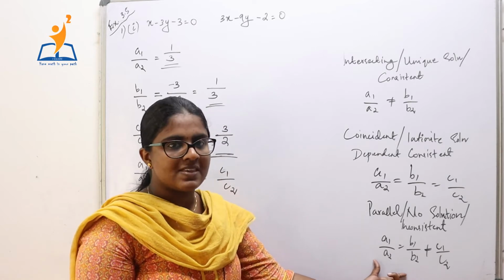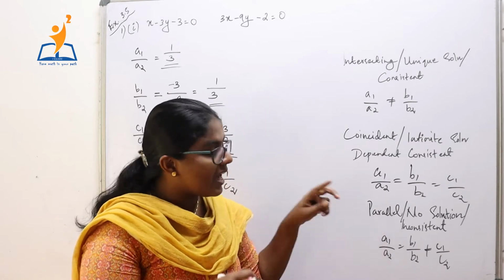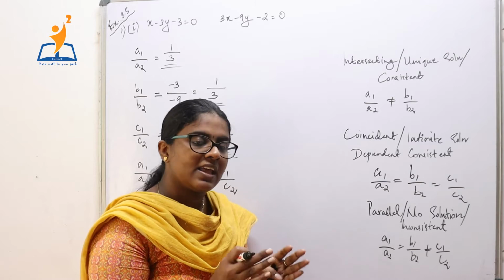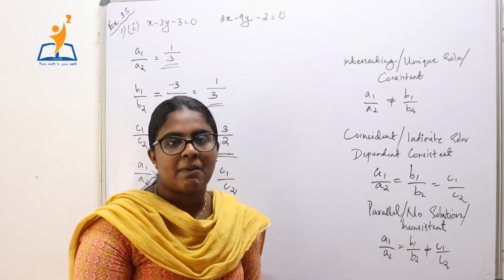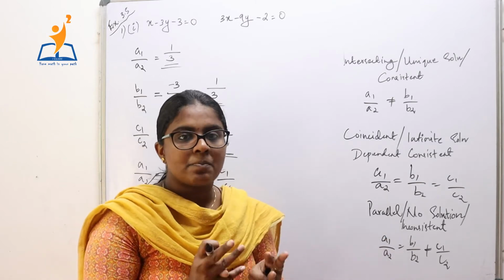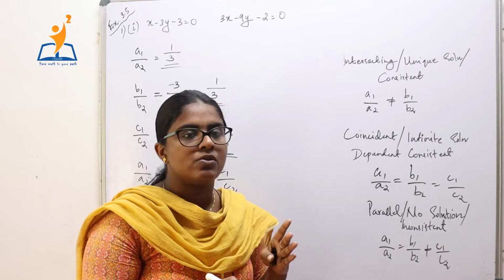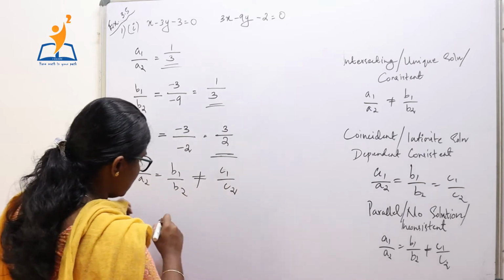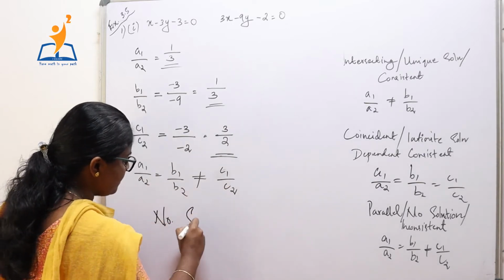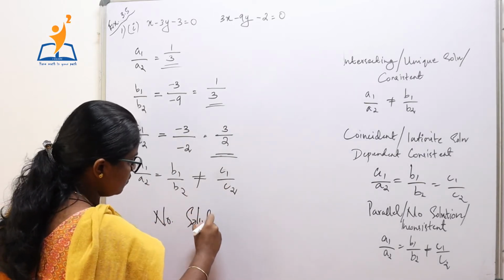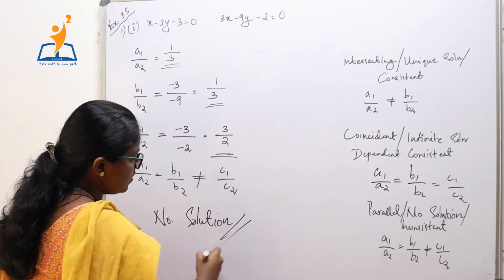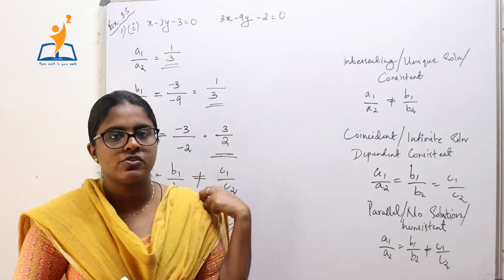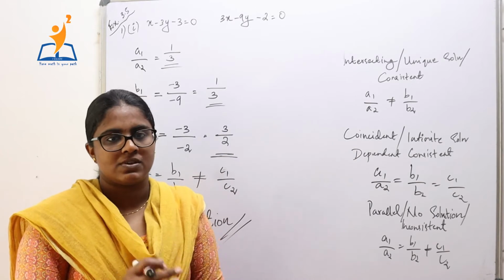What happens if this happens? Which means in graphical representation the lines are parallel, or these equations have no solution, which means it has inconsistent solution. So there is no solution to be found out, so we shall move to the next question.